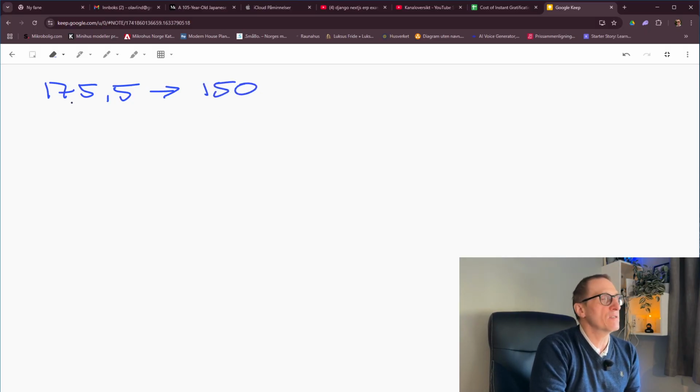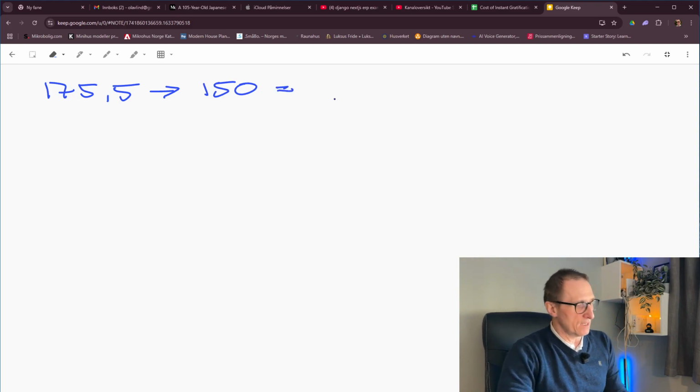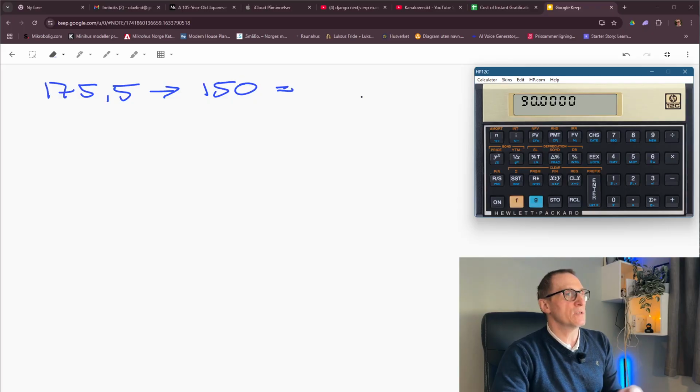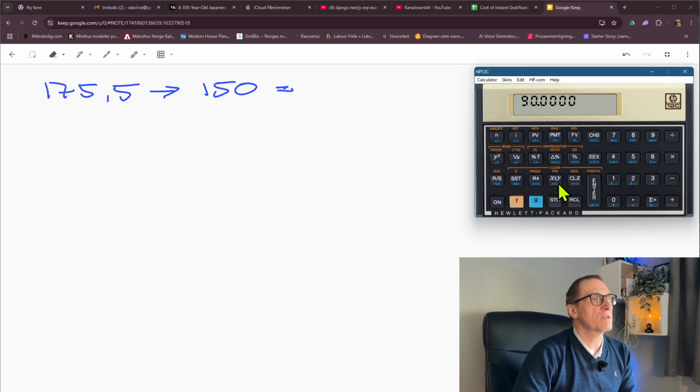How much percent do you need to go down from 175.5 to get to 150? The way to do that on the calculator is by using the delta percent key. So if I want 175.5 and down to 150, I enter 150 and press delta percent.